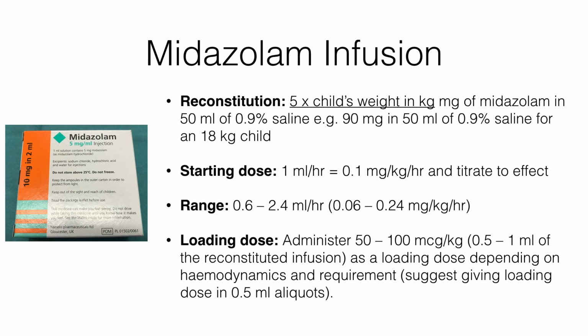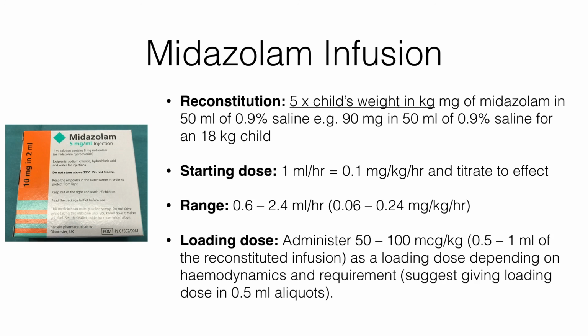Again, starting at 1 mil an hour will give you 0.1 milligrams per kilogram per hour, and that's what I would normally start at and titrate it to effect. The range with the midazolam infusion is 0.6 to 2.4 mils an hour, which is 0.06 to 0.24 milligrams per kilogram per hour.